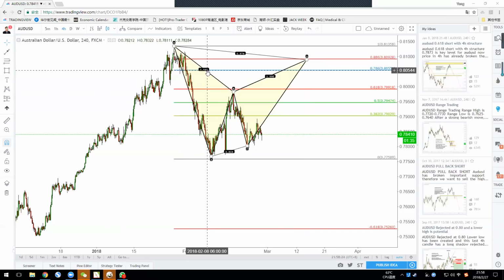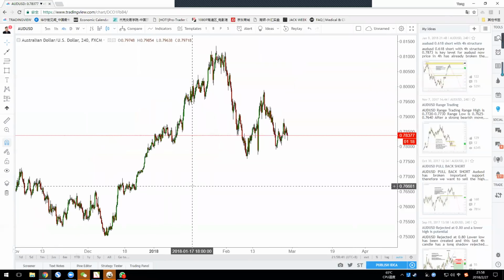So just use the tools that I have taught you guys: the structure, the Fibonacci extension, Fibonacci retracement, harmonic patterns, a lot of things. You combine all of them to find your good trading plans. That's the most important part.